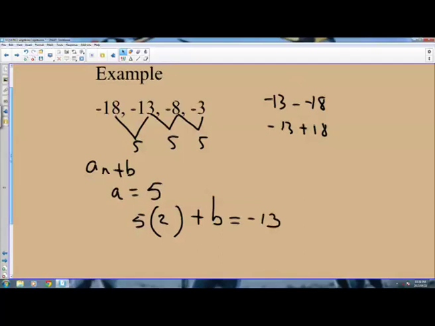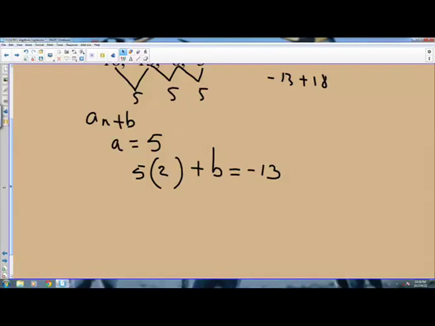This is 10 plus b equals negative 13. And then b will be equal to minus 13 minus 10. So b will be equal to negative 23. This is the value of b.